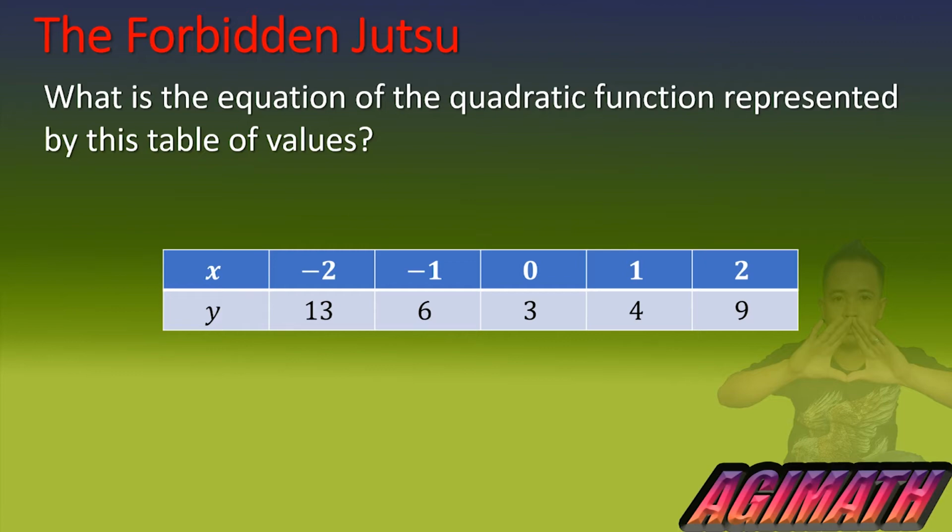That's why I look for this Forbidden Jutsu, because after watching this video, you can easily derive an equation for your quadratic function represented by a certain table of values. But take note of the title of this slide. It's called the Forbidden Jutsu because what I'm going to teach you is not going to work for all these types of problems.